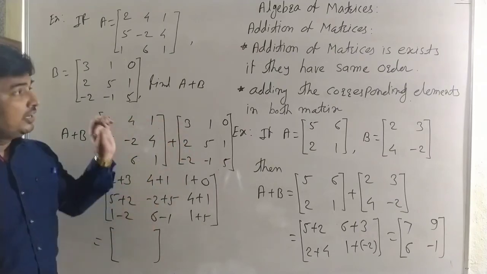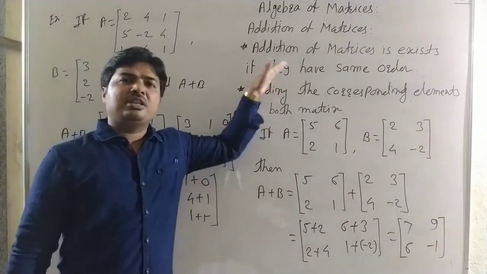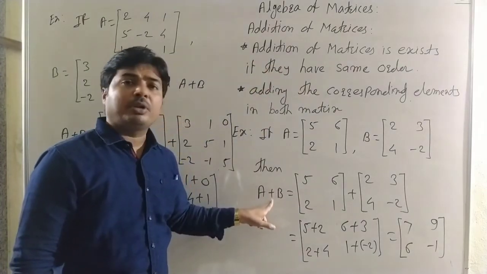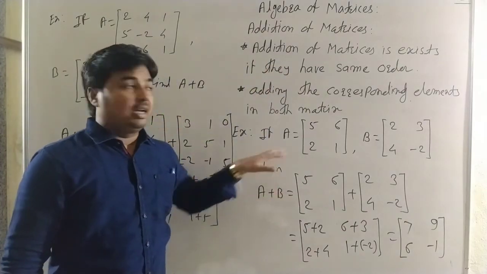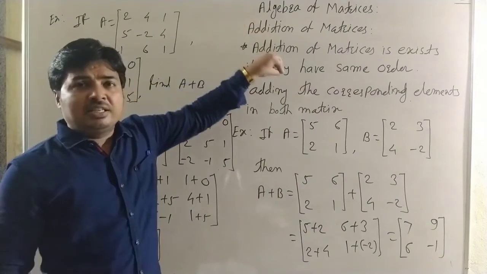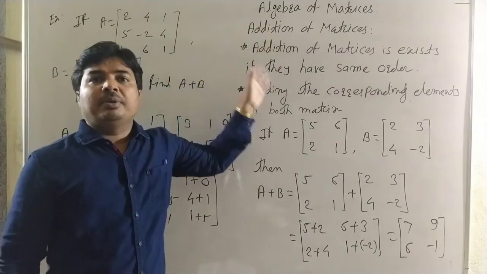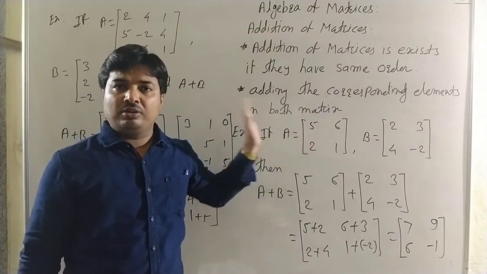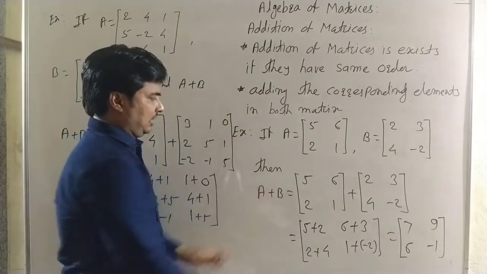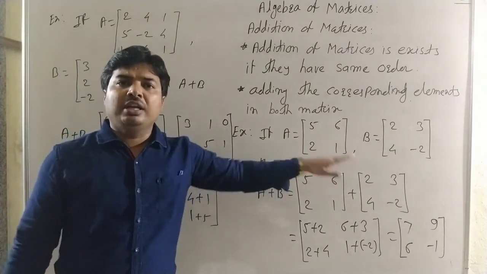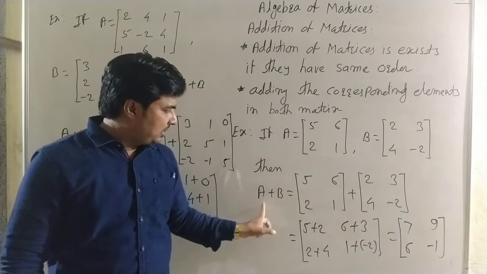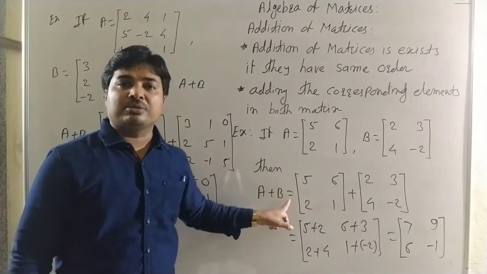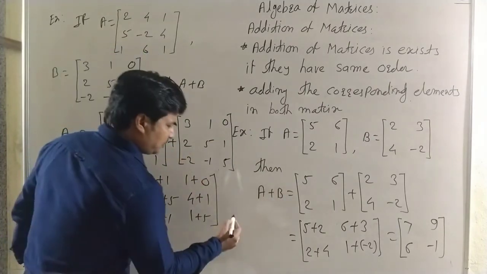Okay, here see carefully, that is addition. Now subtraction is also the same, only we subtract. Subtraction exists if the matrices have the same order. Okay, A minus B, and then we subtract the corresponding elements. A plus minus B, and A minus B we can write here.